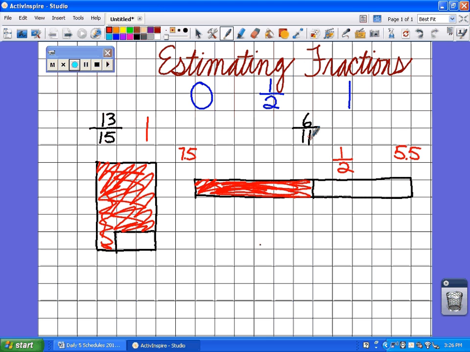We could do that the same way with a problem that would estimate to 0. So if we had the fraction 1/10, we could draw our rectangle.